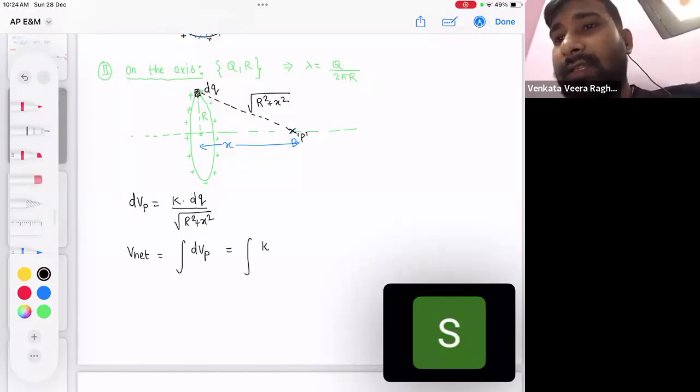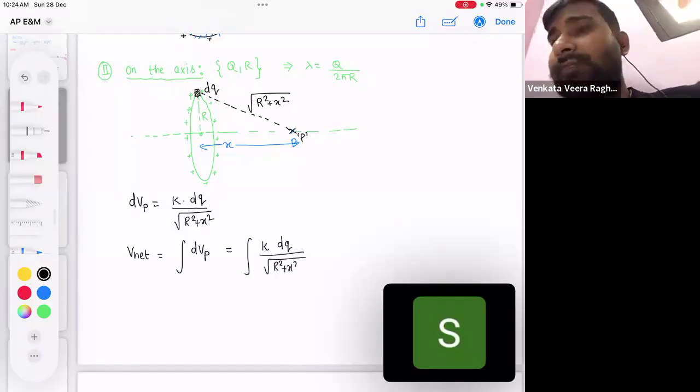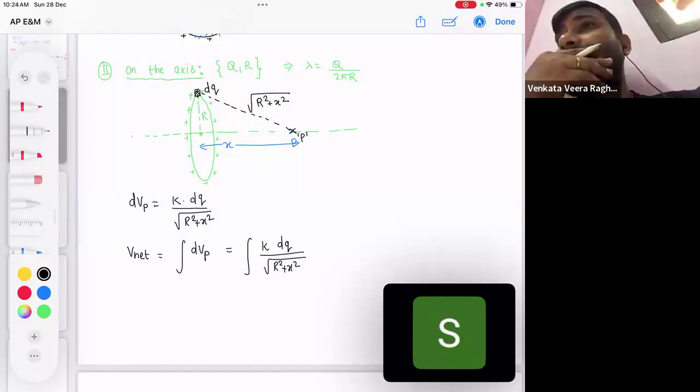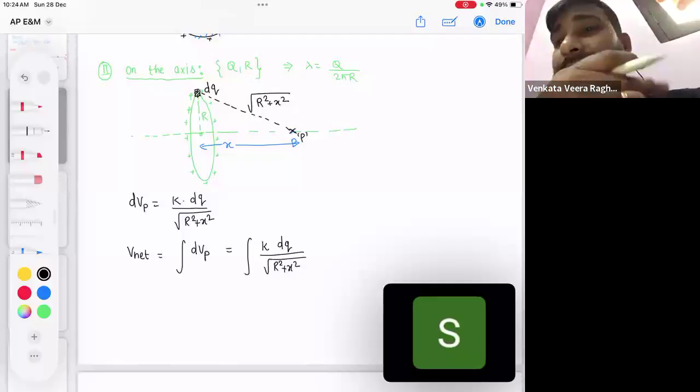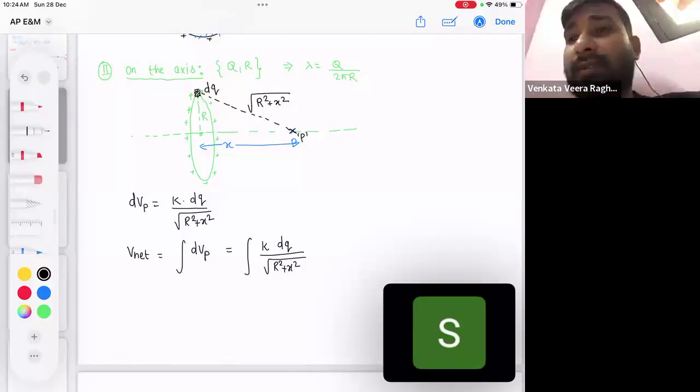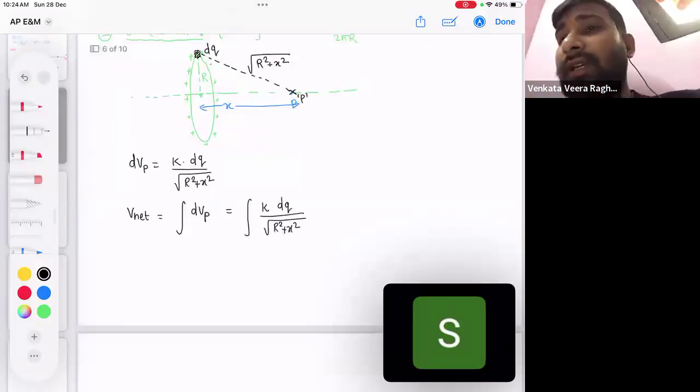Integrate K dq by under root of R square plus x square. Why did we not discuss anything about the components? Because we are calculating the potential, which is a scalar quantity. So we should not worry about the direction here. We can directly go for the integration.